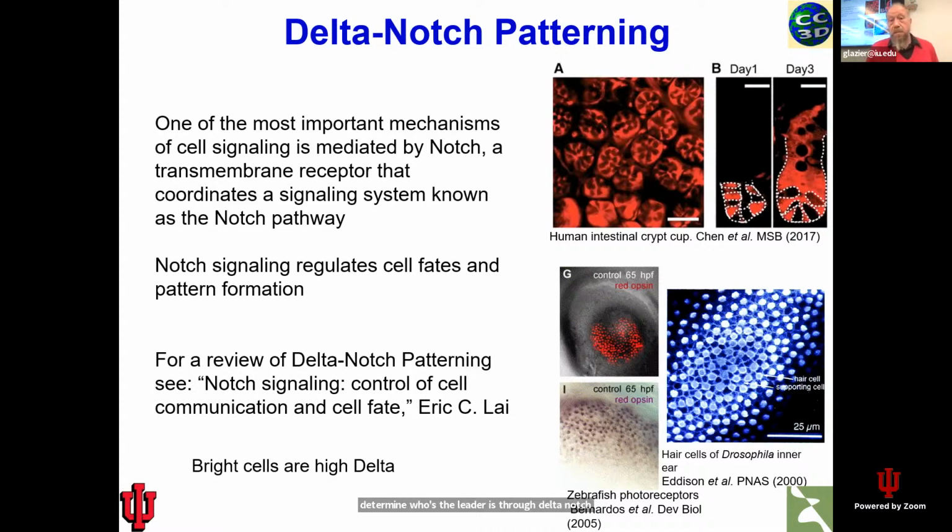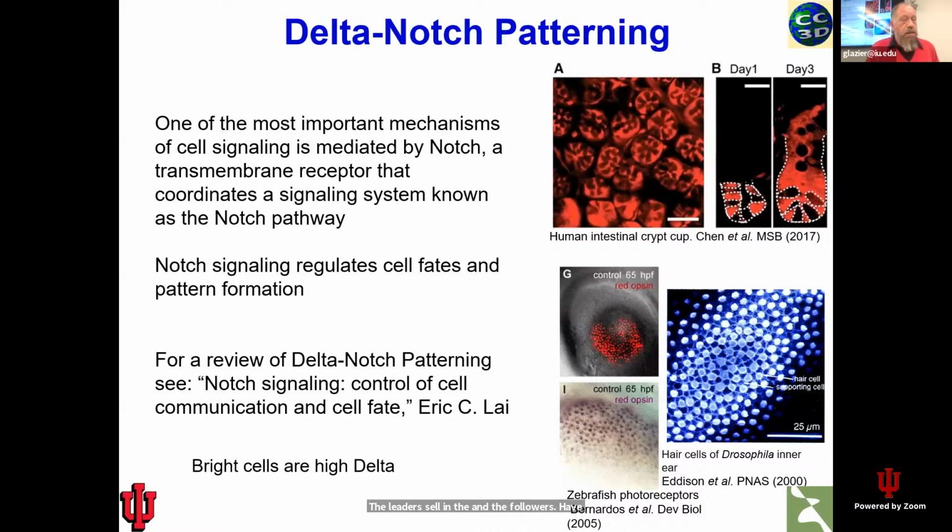For example, in neural-crest cell migration, that happens. In vascular development, in branching morphogenesis, where you have a blood vessel and cells grow out of it, the leader cell and the follower cells have different delta notch states.